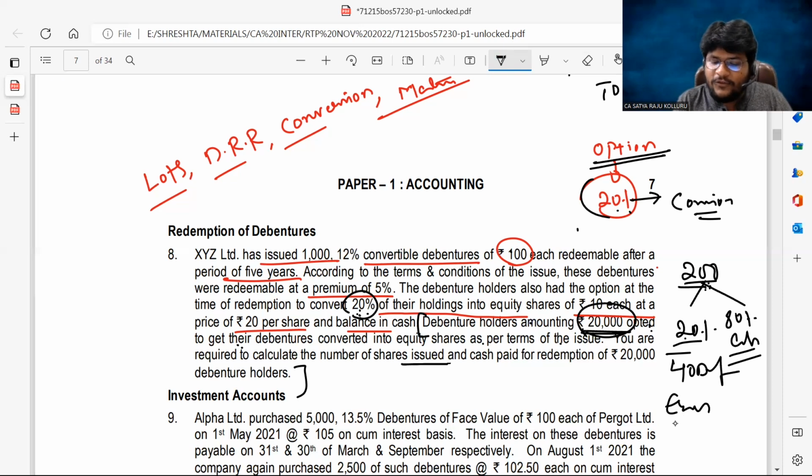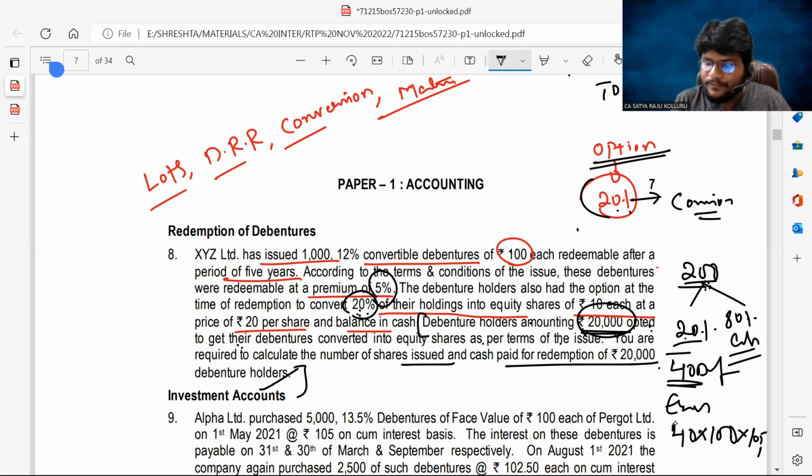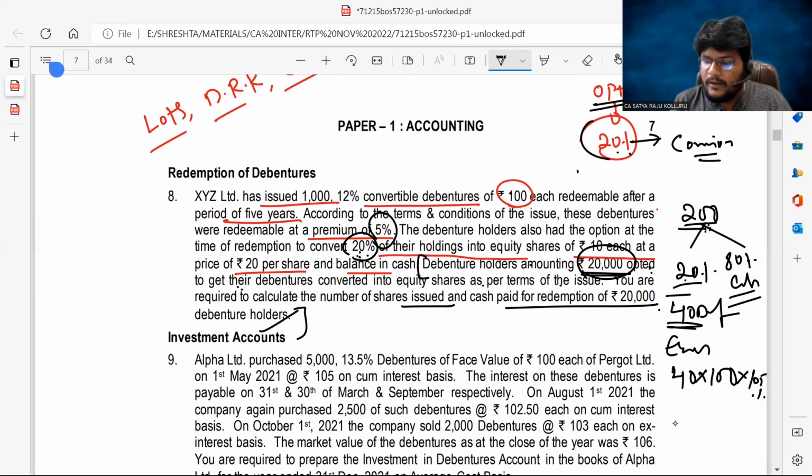Calculate the number of shares issued and cash paid for the redemption of rupees 20,000 debenture holders. It is very much easy. Concentrate all of you. For 40 debentures, we are issuing equity shares. 40 into debenture face value 100. Redemption always happens at 5% premium, that is 105%.